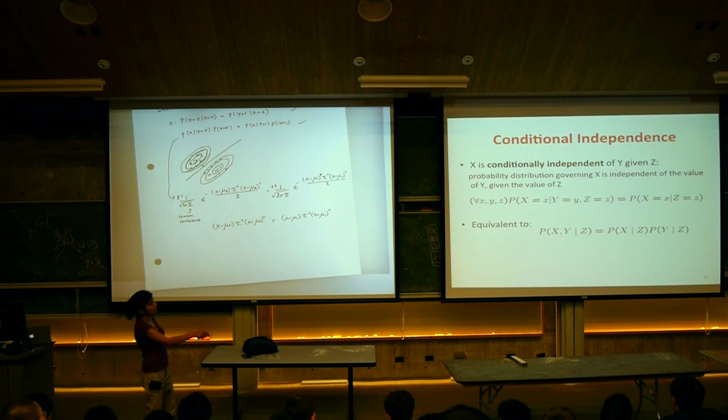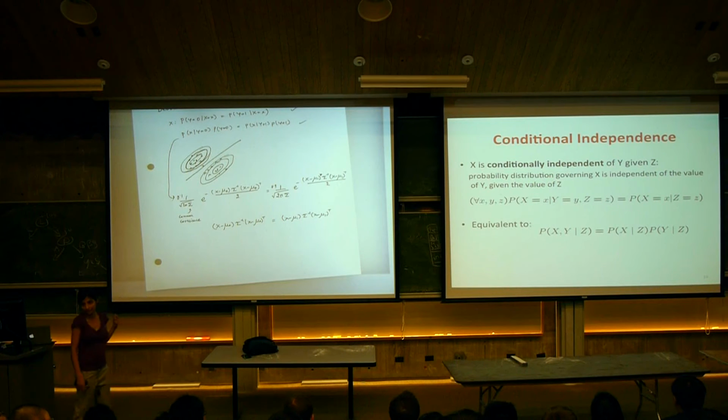Conditional independence means that if x is conditionally independent of y, it means that given z, we also have to specify given what when we are doing the conditioning, then the outcome of x does not depend on y at all, which means I can actually drop it from the conditioning. So this probability of x given y and z is actually the same as the probability of x given just z. Okay?